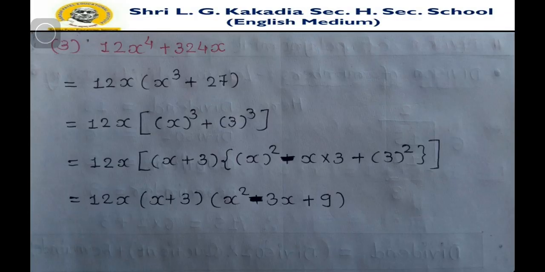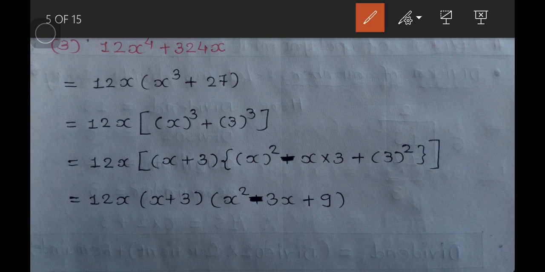Now some more examples. The given example is 12x raised to 4 plus 324x. Here first we see that there are only two terms. Now you can see that we can't say that the given terms are the cube of any term.